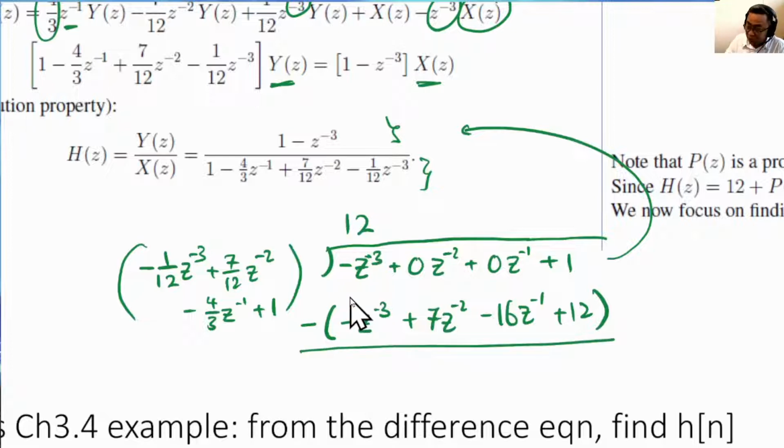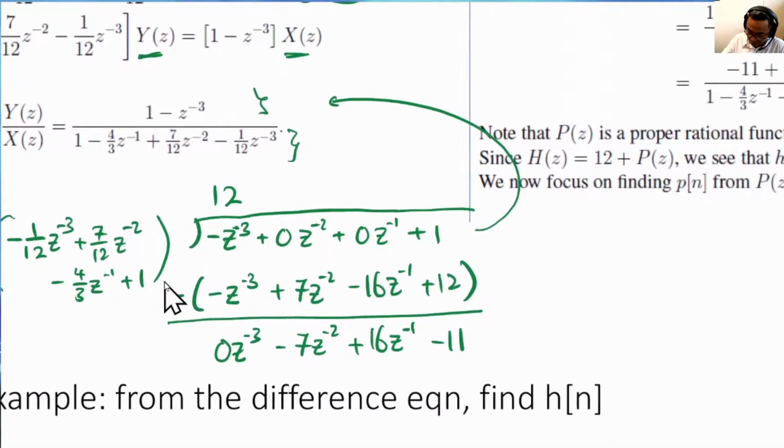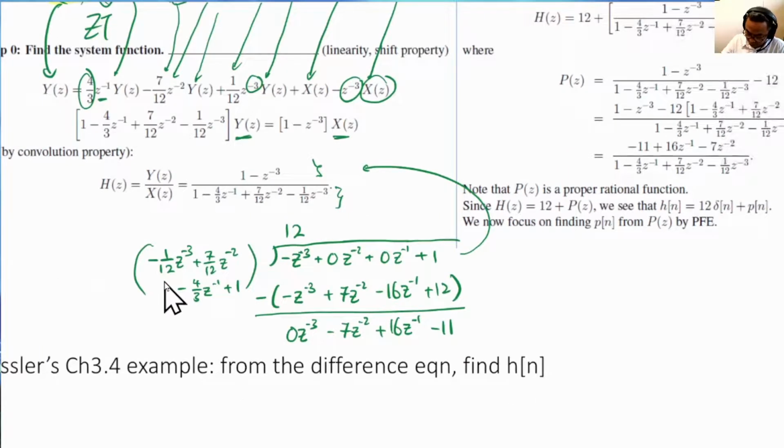So after subtracting, we have this, and this now is a lower power than this polynomial in the denominator. So what we can do is we can write it in this way.